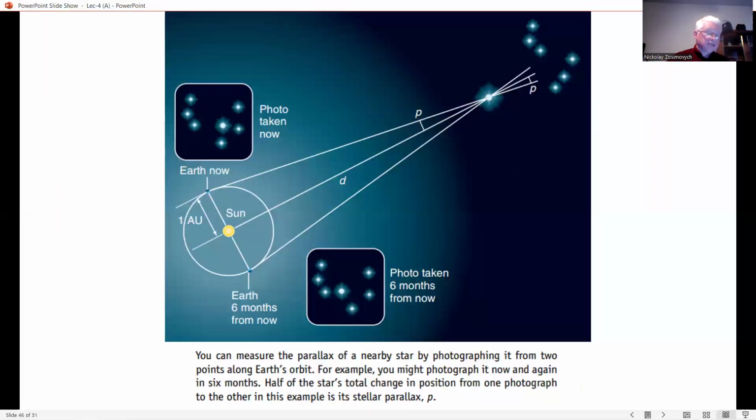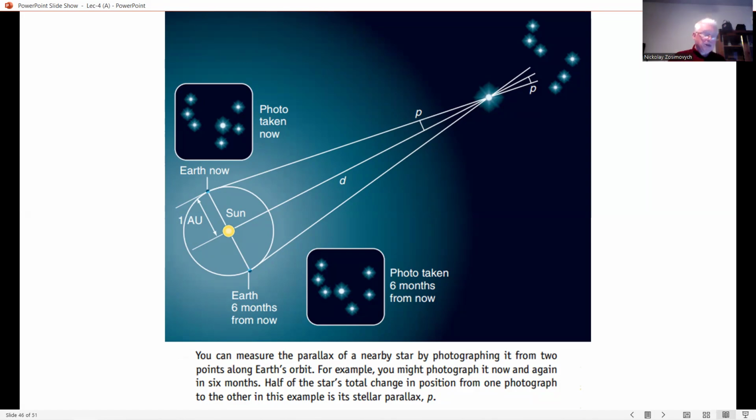Because the stars are so distant, their parallaxes are very, very small angles, usually expressed in seconds of arc. The quantity that astronomers call stellar parallax, P, is half the total shift of the star, as shown in this figure.